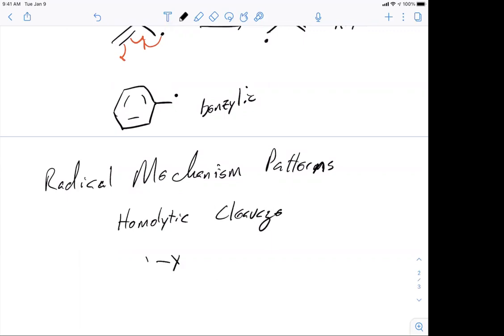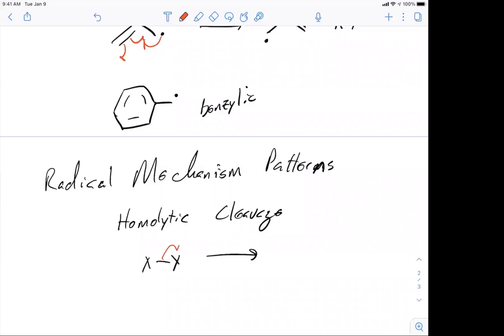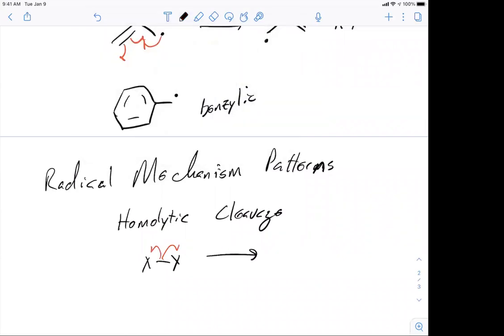Again, if we take something with a weak bond, usually they can add some type of energy. Right, so h nu, that's light. So often radical reactions are propagated or are initiated using light as the energy source. And of course, this is just heat. Most of ionics are heat.